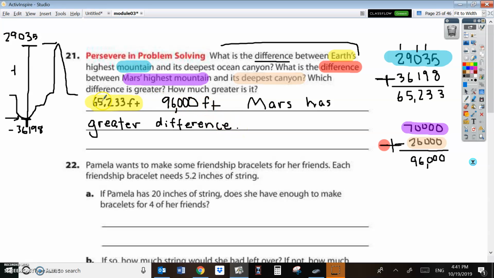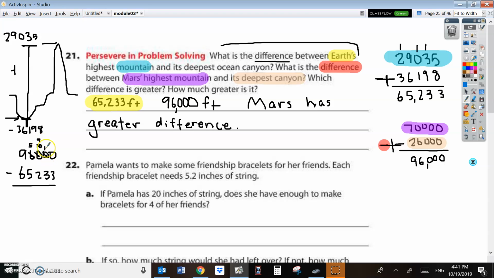And let's figure out how much the difference is by subtracting these two. And it's a 10, and then a 9.